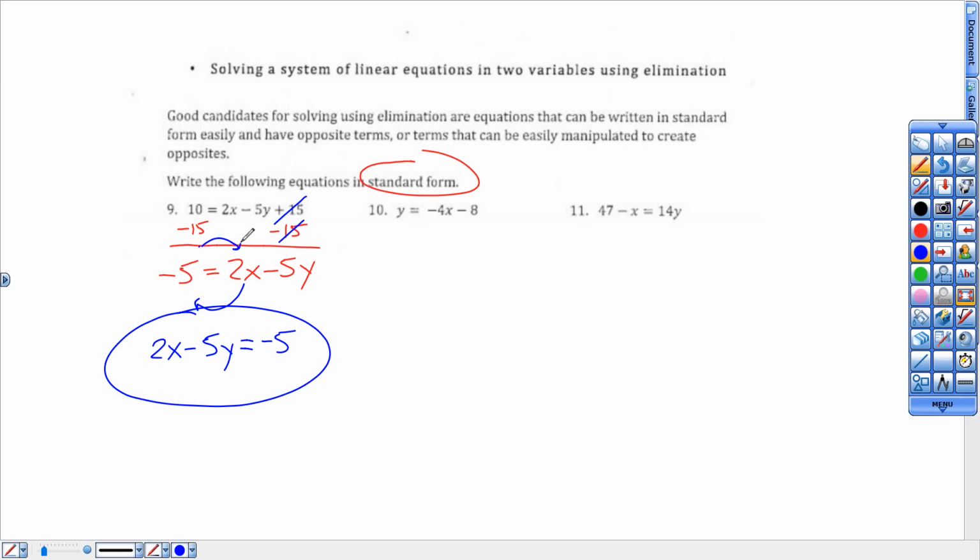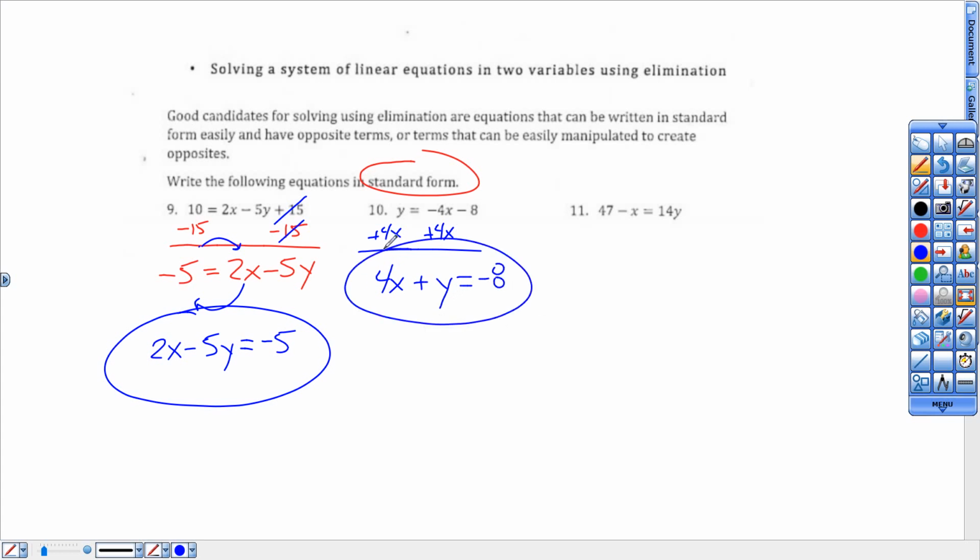It's still the same. All right, this guy, I'm going to add 4x to both sides. That gives me 4x plus y equals negative 8. Now that's in standard form, right?